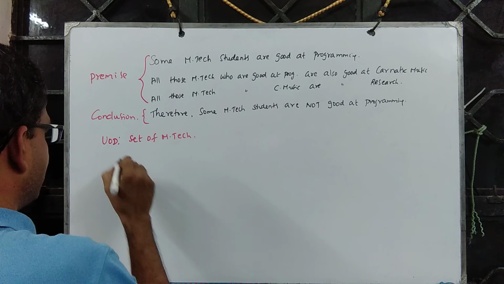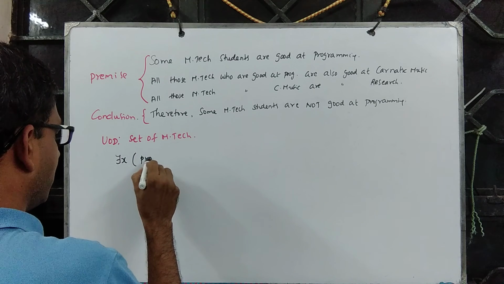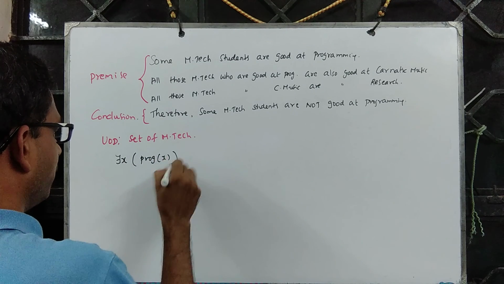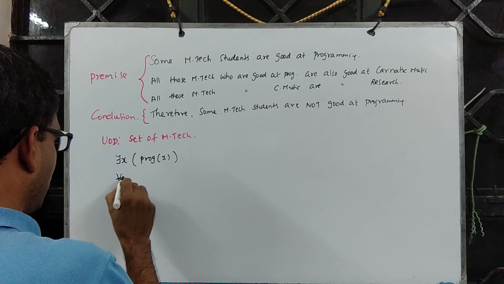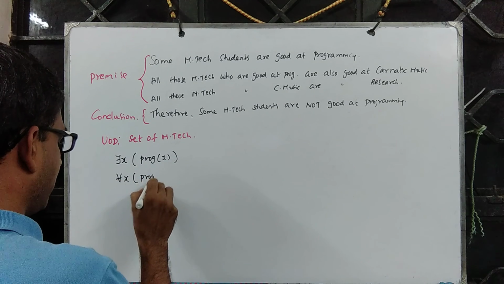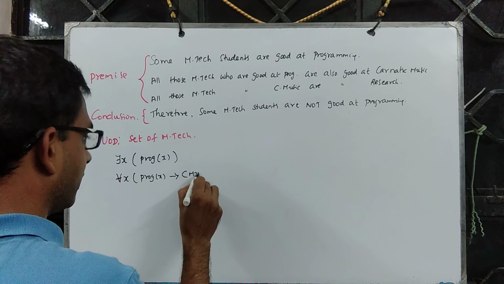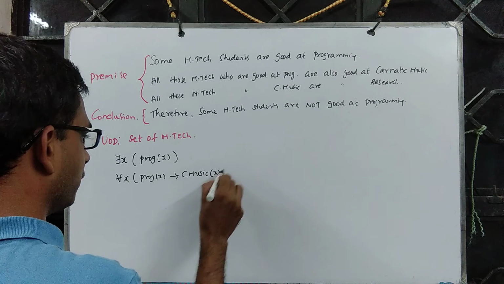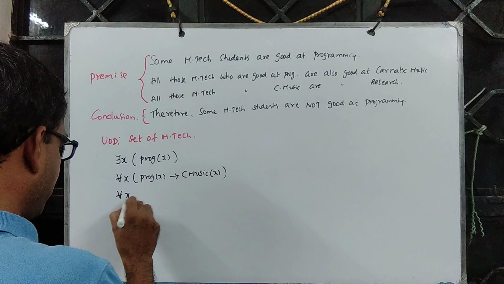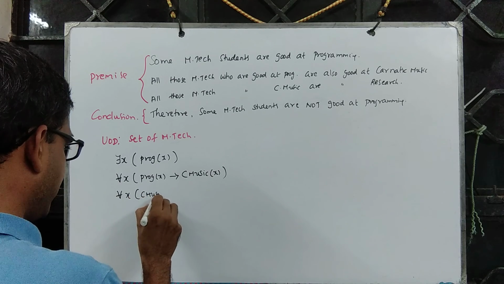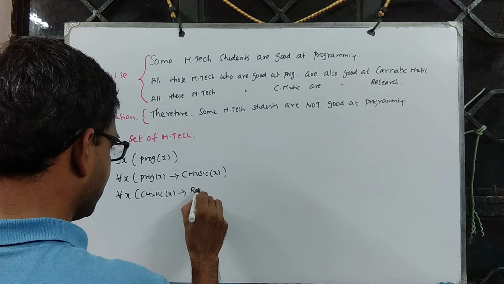So the first one says there exists x such that x is good at programming. And all those who are good at programming are also good at Carnatic music. And all those who are good at Carnatic music are also good at research.